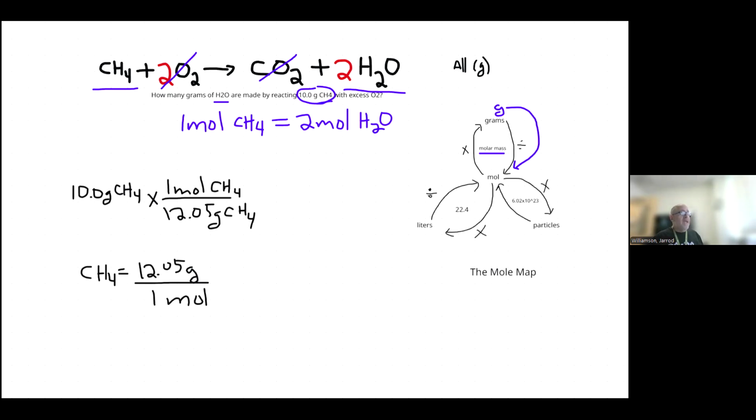What I need to do now is use my recipe, my balanced chemical equation, to turn my methane into water.